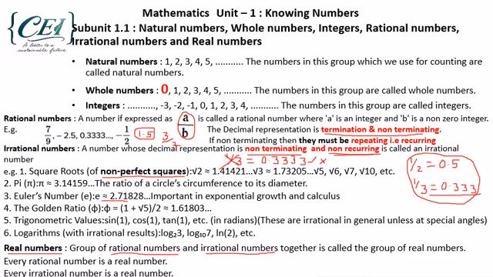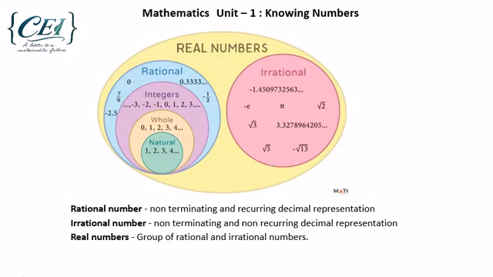Correct. So I have made it in a pictorial form. So natural numbers are a subset of whole numbers. All natural numbers are whole numbers.